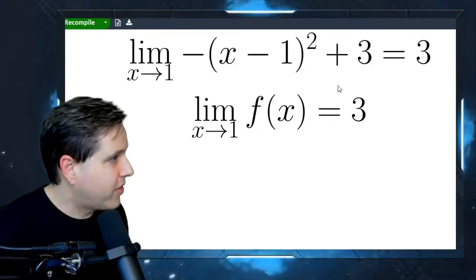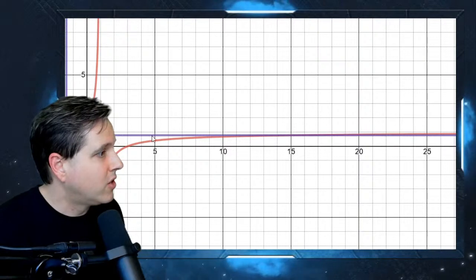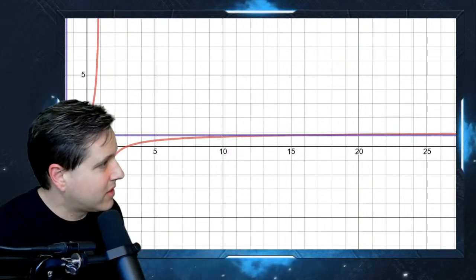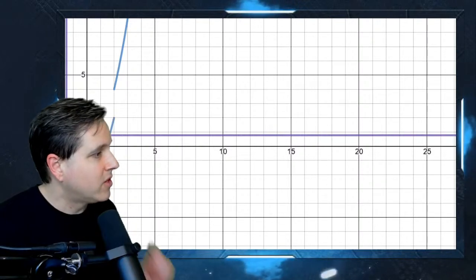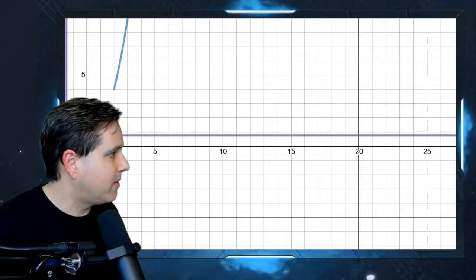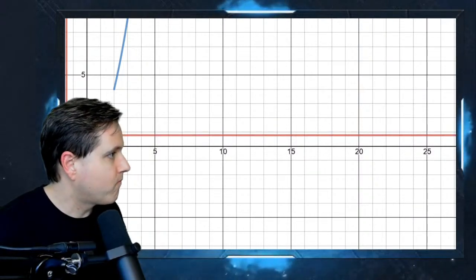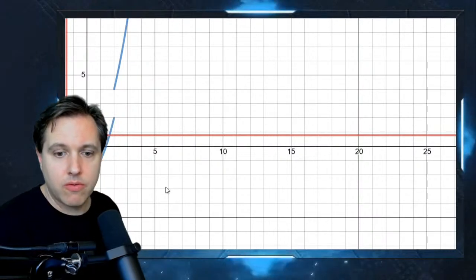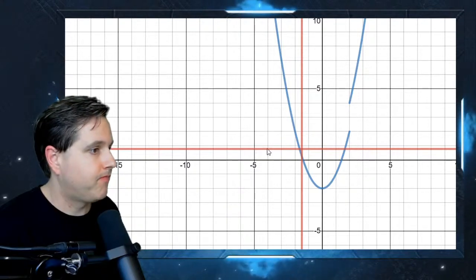Okay, so with that in mind, let's go back and look at our graphs that we were just looking at. So if we go over here, let's leave this other graph behind, and we'll now go to something like this. So let me change this to red. And I'll move it over.